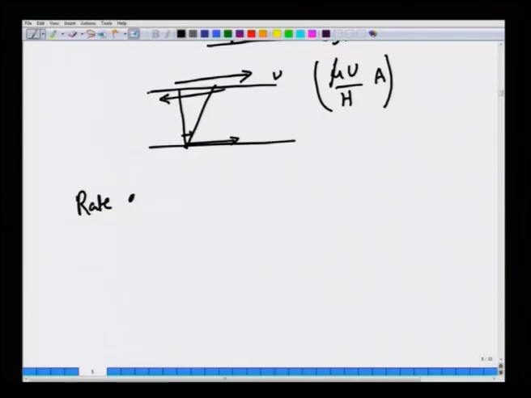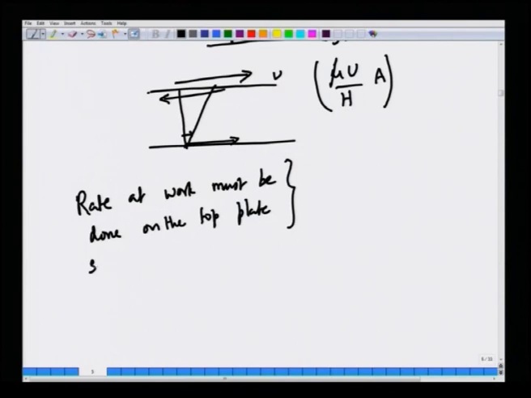You can also ask what is the rate at which I must do work on the top plate so that the top plate, because it is continuously moving, moves with a constant velocity.